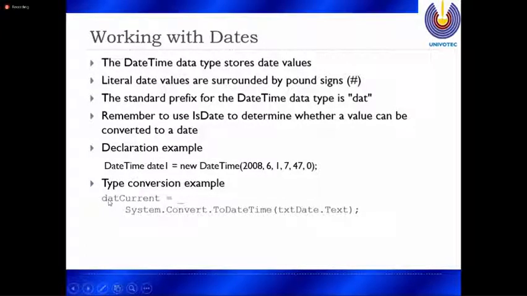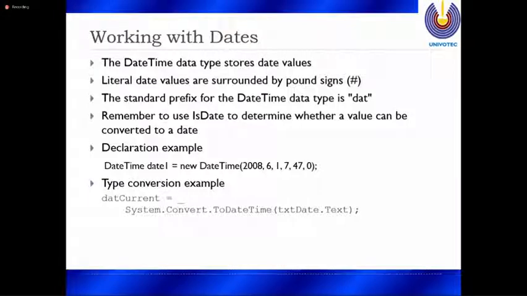This is one of the data types, DAT current equals System.Convert.ToDateTime txtDate.Text. You can convert because this is a string to date. This is converting with System.Convert.ToDateTime. We are going to convert to date and time, so we use ToDateTime. That's the method.